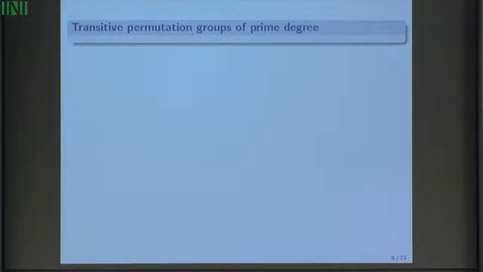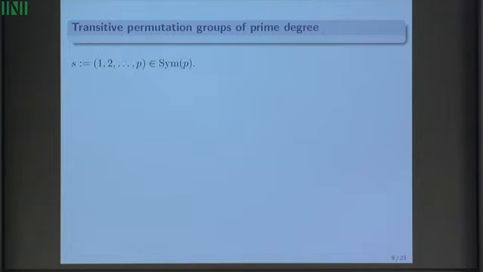So let's review the solution to step one. Classifying transitive permutation groups of prime degree: you would guess that this has been studied for a long time, and it has. There's a nice survey article by Peter Neumann that gives all of the information on the next two slides.